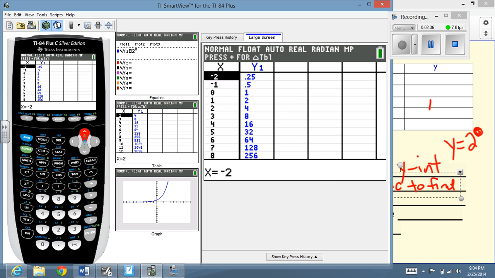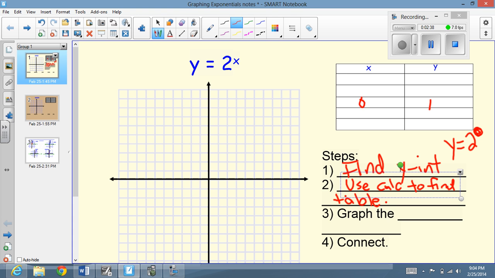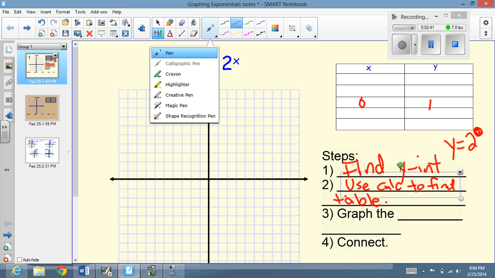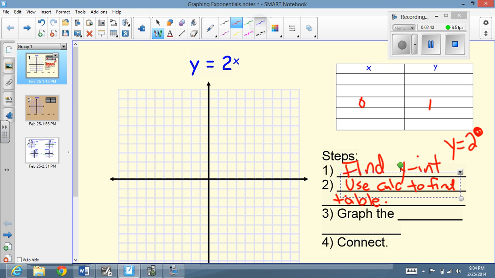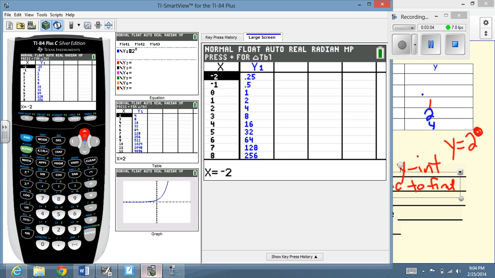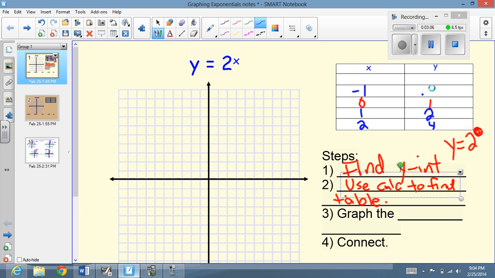Okay? So I'm going to jump back to my slide here. So from my table and my calculator, I found that I can use the 0, 1, 1, 2, the 2, 4, and then going the other way, the -1, and I think that was, let me jump back over here and double check, 0.5, and when I plugged in -2, I got 0.25.